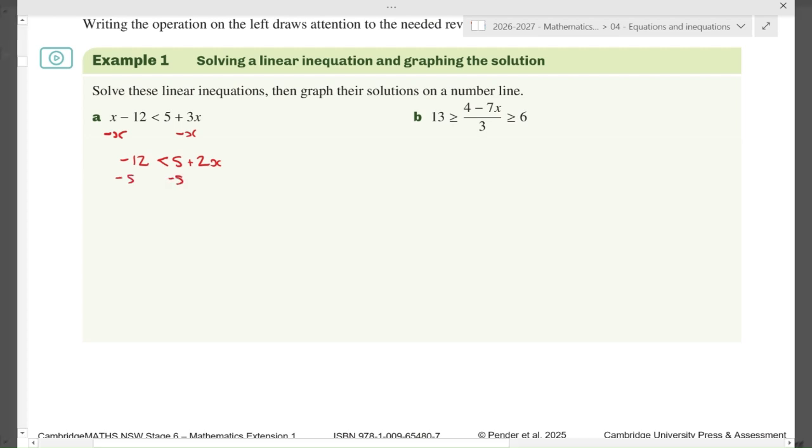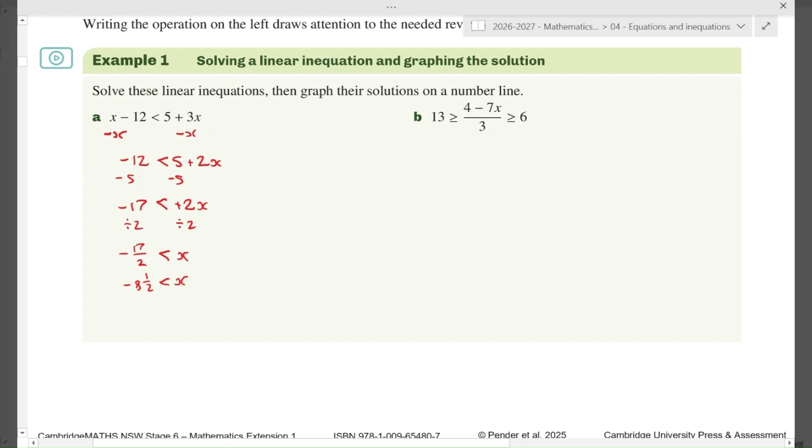Once again, you don't need to do these, but I'm making sure that you see what I'm doing. Plus 2x. And what is the last step I need to do? I need to divide by 2. So that gives me x is greater than minus 17 on 2, or minus 8.5. Happy with that?